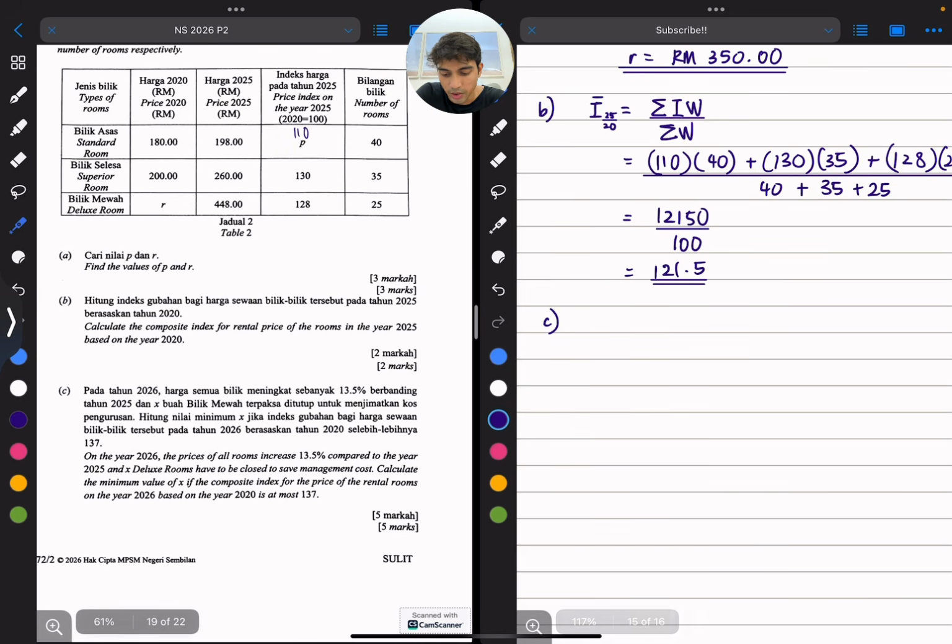In the year 2026, the prices of the rooms increase 13.5% compared to the year 2025. Here they said all rooms increase by 13.5%.